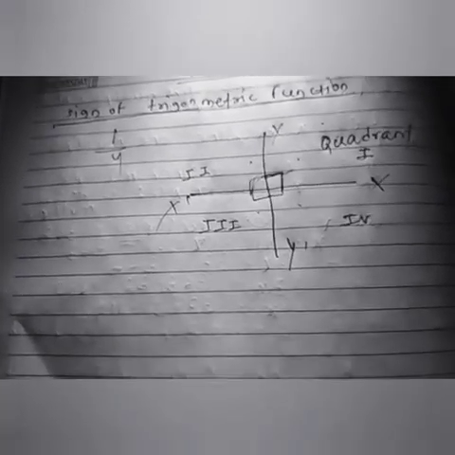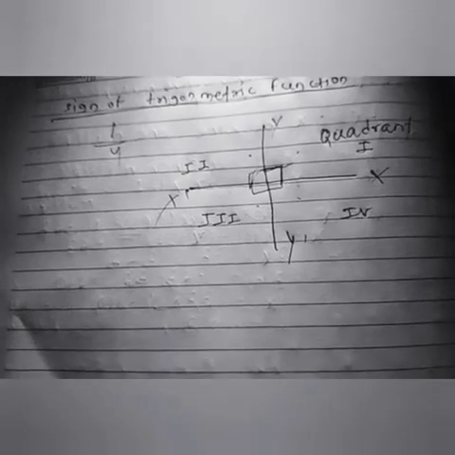Then what are the signs of trigonometry functions in different quadrants? Okay, there is a nice formula, so we can remember it very easily. You don't have to memorize all the trigonometry functions of sine in different quadrants.